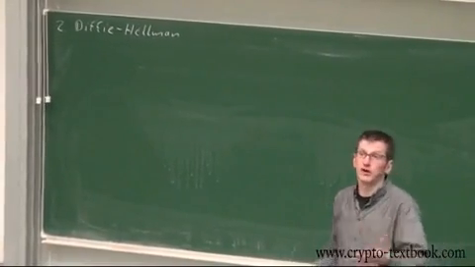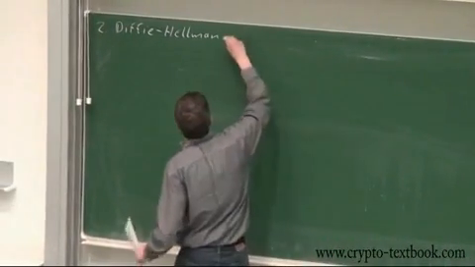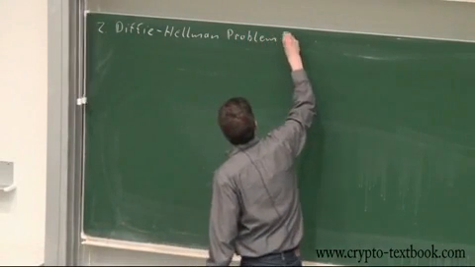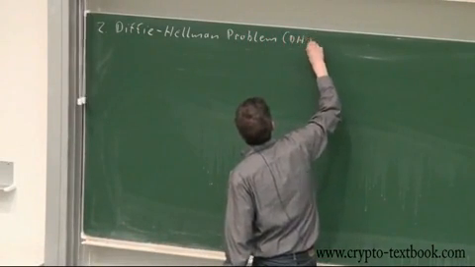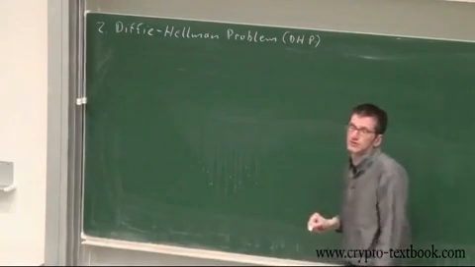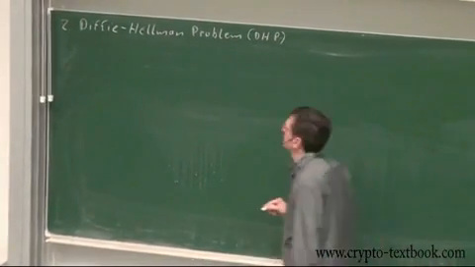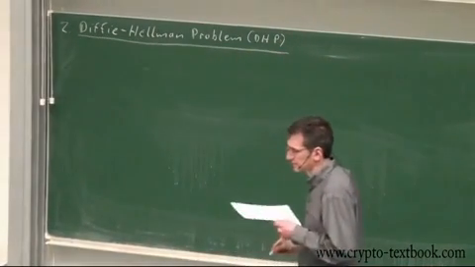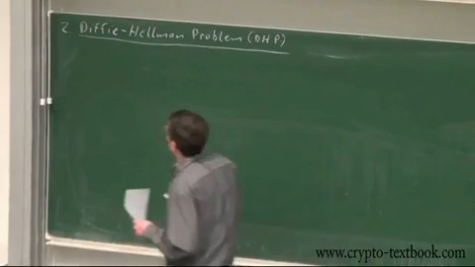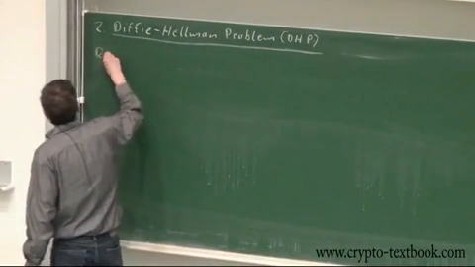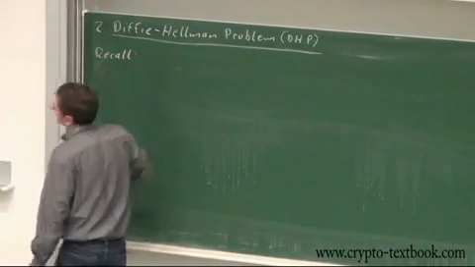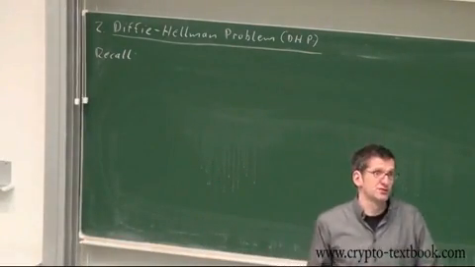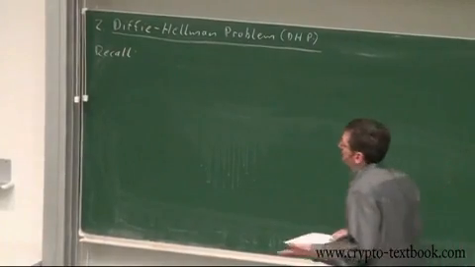We look at what's called the Diffie-Hellman problem, very often abbreviated as DHP, okay? Well, if you want to look at the Diffie-Hellman problem, that probably has something to do with the Diffie-Hellman key exchange, and yeah, that's what we're going to do.